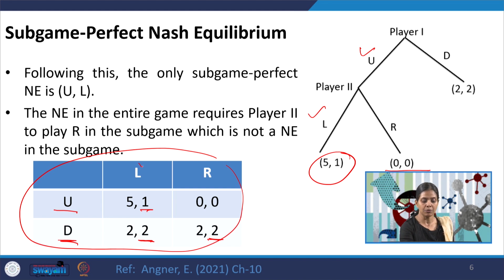When player 2 plays L, player 1 is better off playing U. So, UL is definitely one Nash equilibrium. When player 2 plays R, player 1 is better off playing D. So, DR is another Nash equilibrium, but this Nash equilibrium is not there in the subgame. It is only there in the entire game.